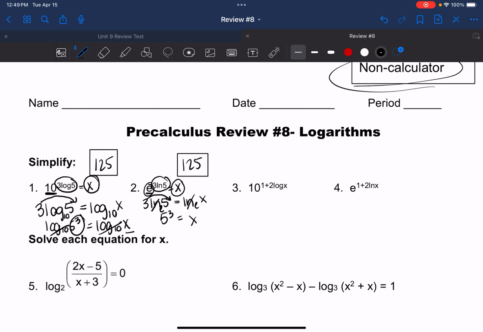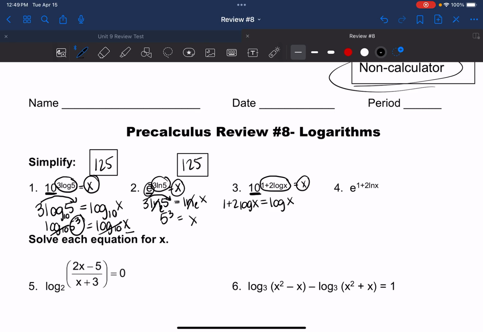All right, same idea here. This is my exponent, so I'm going to have 1 plus 2 log of x equals log base 10, so you don't have to put the 10 since that's an understood base, of the other side, x.